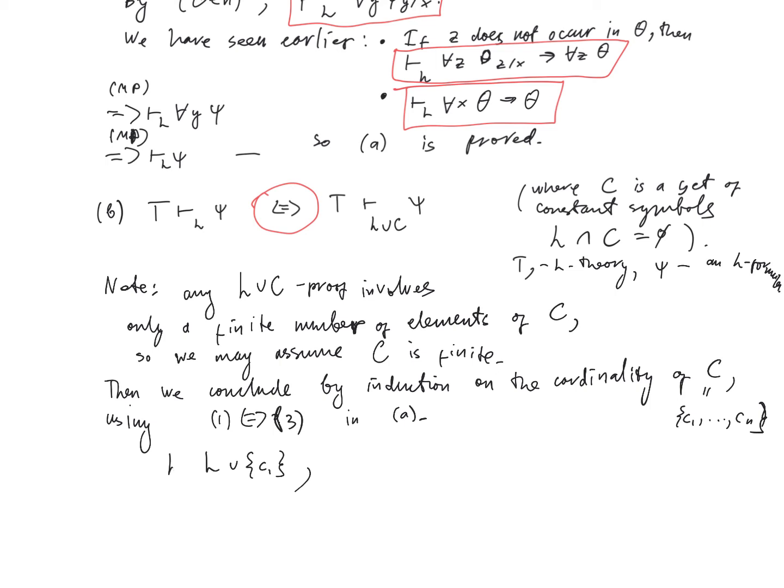Then we take this to be the language L1, and we apply now the same equivalence 1 to 3 to the language L1 together with the new constant symbol c2, etc. So inductively in finitely many steps, we still obtain an equivalence, which finishes the proof of the simulation of constants by variables lemma.